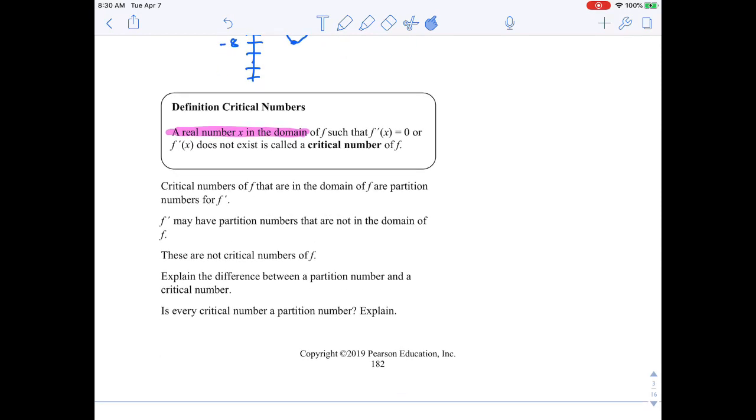We call those values that we were finding before partition numbers. They're numbers that we use to see where our values could be changing from positive to negative or negative to positive. A critical number, though, is a partition number that is in the domain.